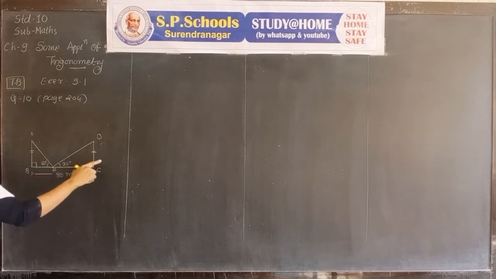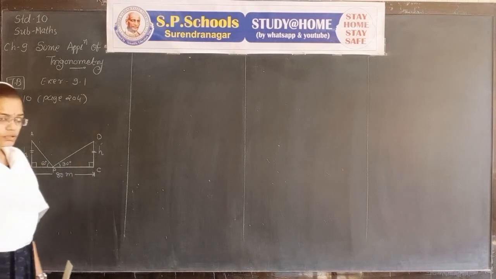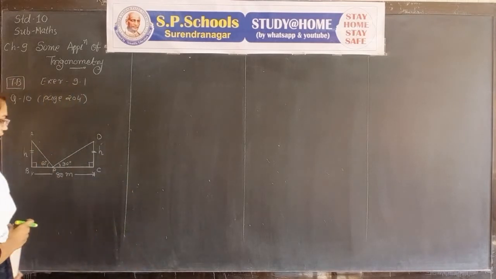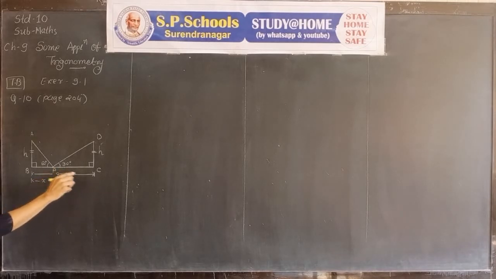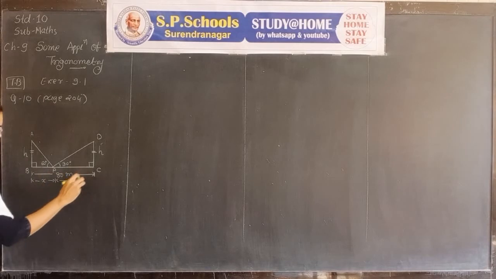We need to find the height of pole. Let's assume it as H and H, because both poles are equal in height. Assume that BP is X, then total 80, subtract X and we get PC, 80 minus X.